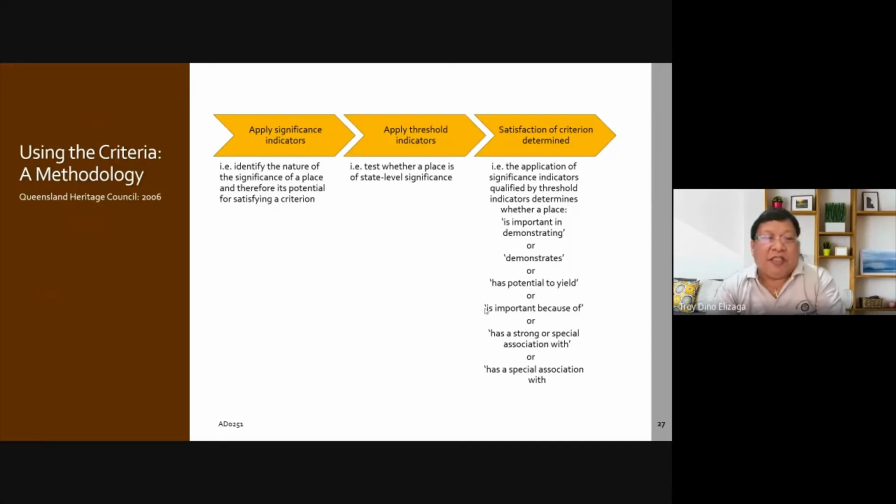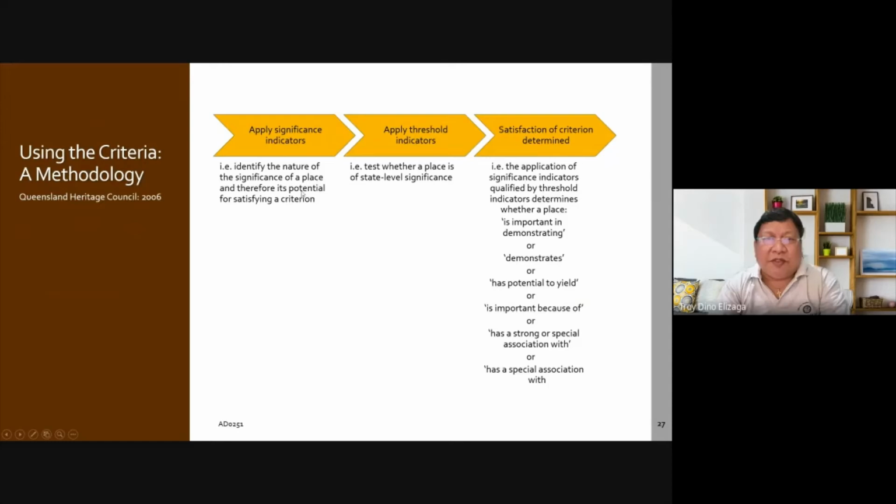This is the example that I mentioned earlier. This is the Queensland Heritage Council and their methodology for establishing cultural significance, for the sole purpose of registering the heritage resource in their registry, which we call here in the Philippines the pre-cook.